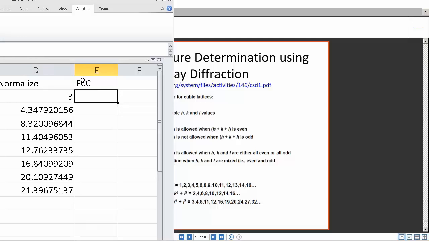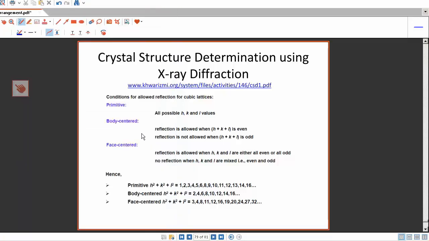And we can identify the first peak with FCC. To identify it, first let's have a look at the selection rules. For face-centered, a reflection is allowed when H, K, and L are either all even or all odd. You may be wondering how these are calculated. It's calculated using a process called calculating structure factors.